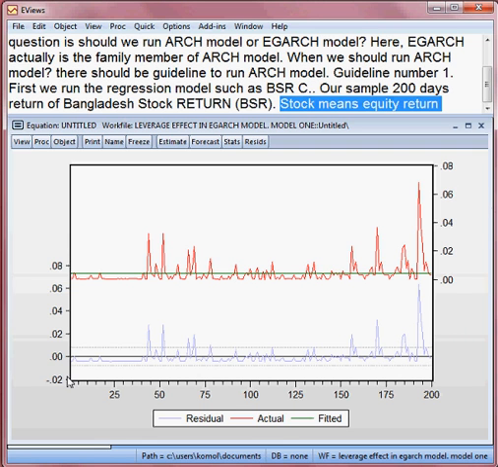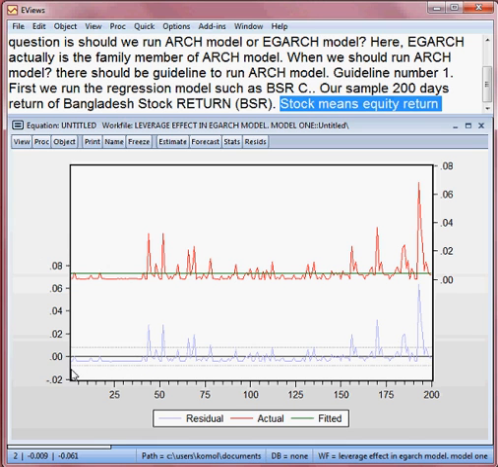200 days. So this point is day 1, and this point is day 2. All these points are the residuals. Now from day 1 until around day 40, the fluctuation is very small.